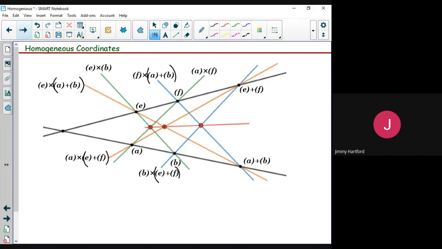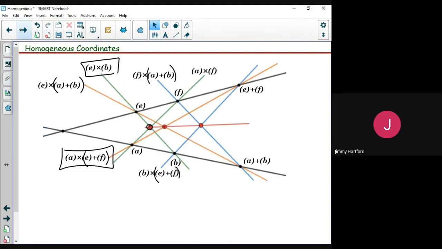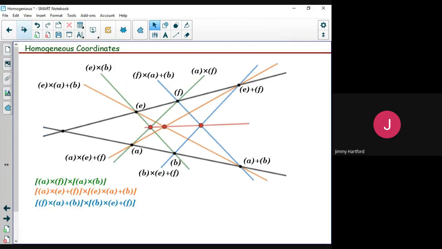So we're just going to take this triad, whatever it ends up being, and cross it with this triad here, and that will give us the coordinates for this red point here. And we could do the same for the other 2 points, which is going to look like this.